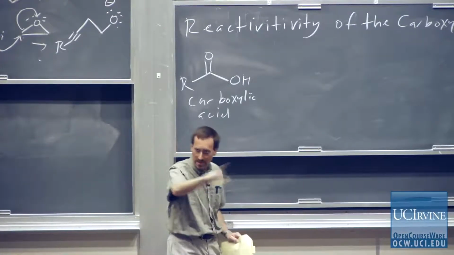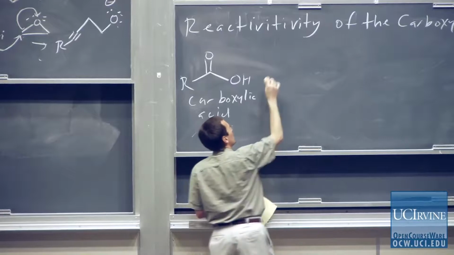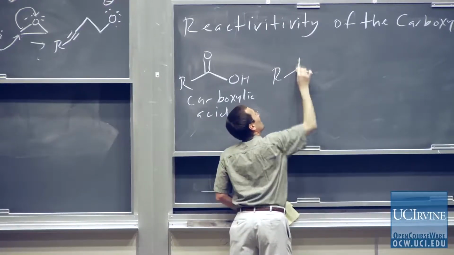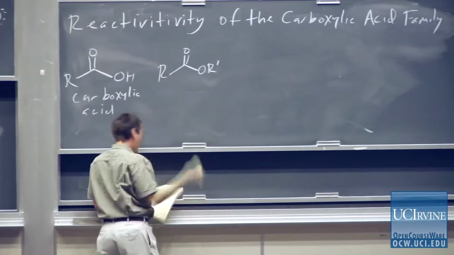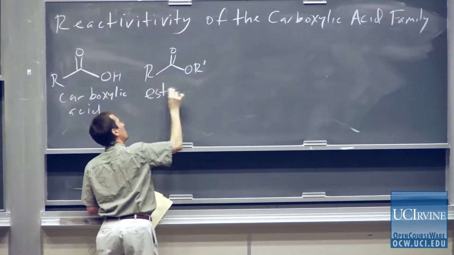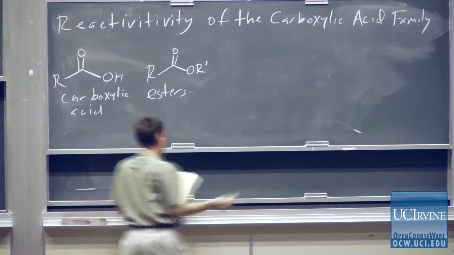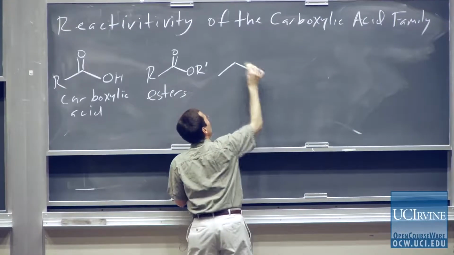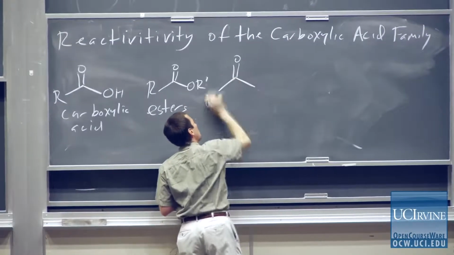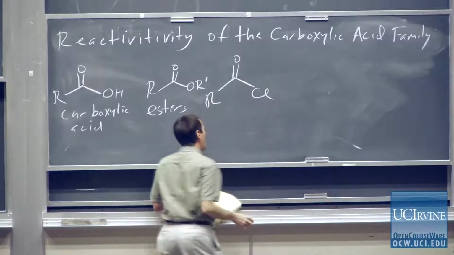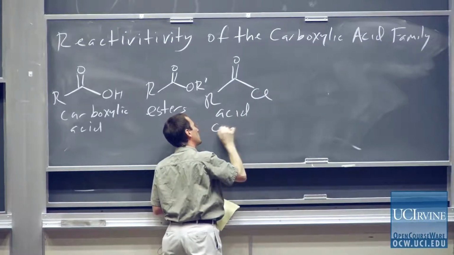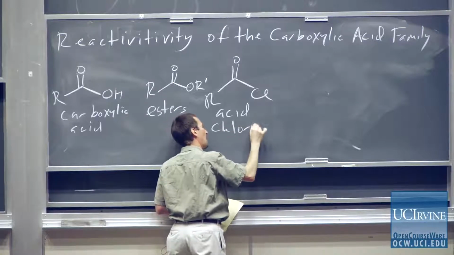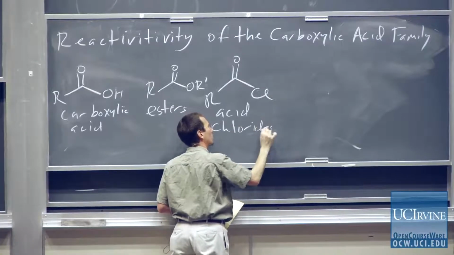I will get to the several questions in just a moment. Esters being another member of this family. Acid chlorides. So I'm going to paint with a very broad brush, and later on we're going to get to a more specific understanding of the reactivity of this broad family.